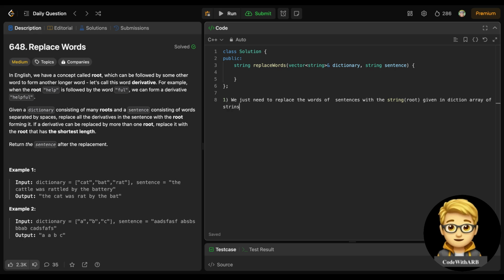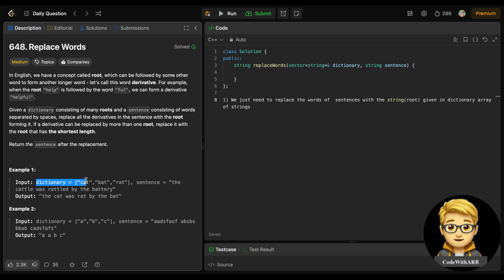And if there is more than one root present in this dictionary which can replace the word of this sentence, then we will choose the root with the shortest length, right?